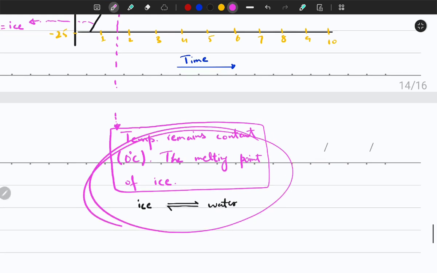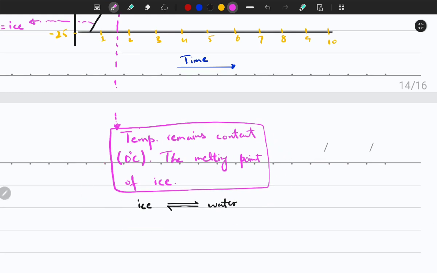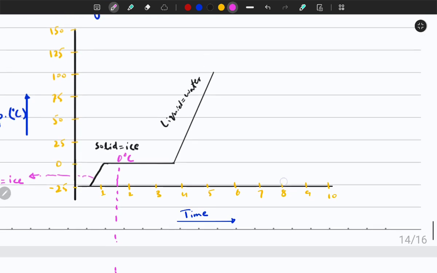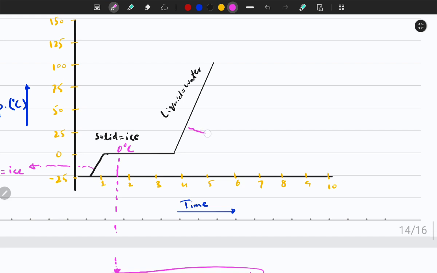Now here, if you keep heating it until the ice completely changes or melts into water, then the temperature starts rising again. At this point, the temperature of water rises consistently.